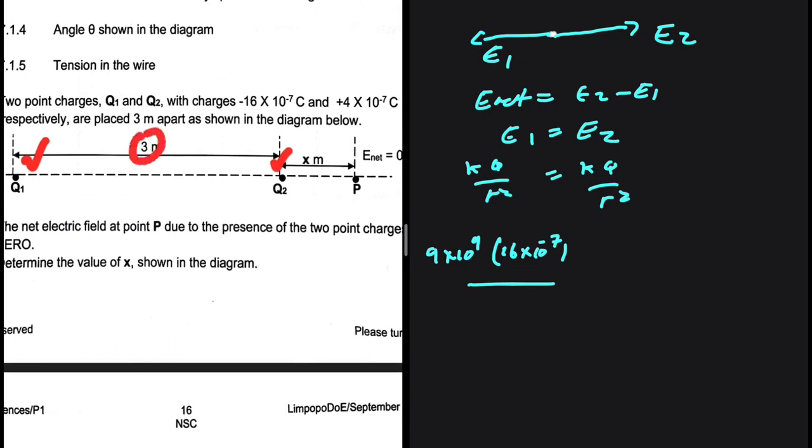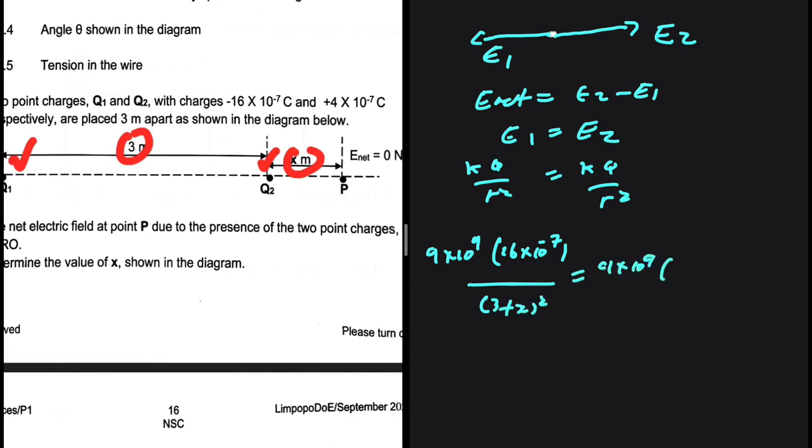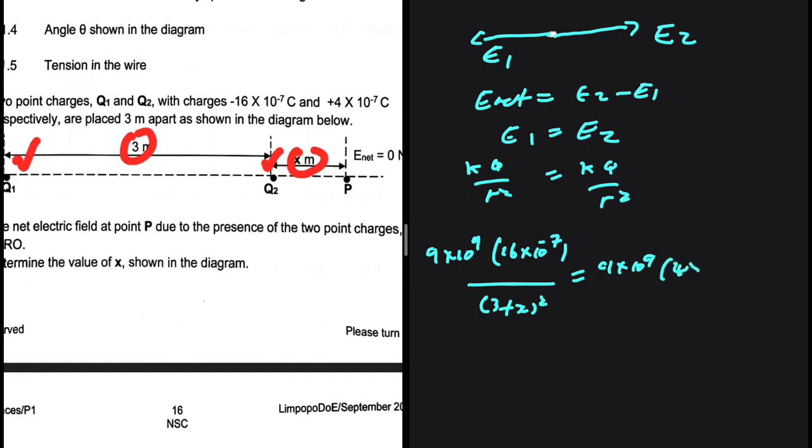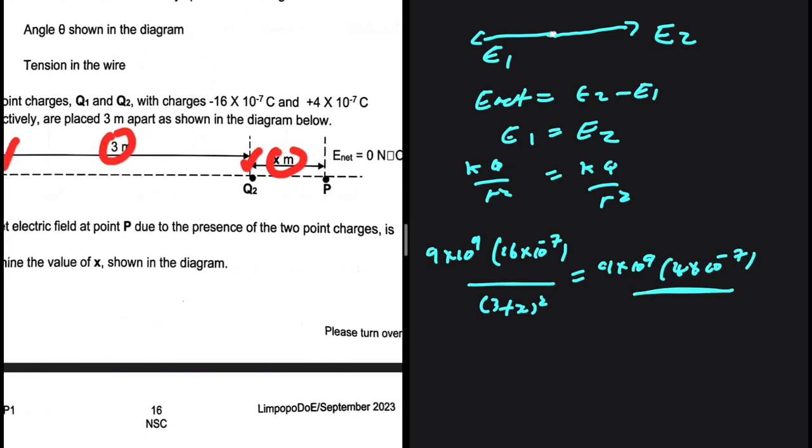It is 3 plus X meters from P. Don't make a mistake and say that it is 3 meters away. So here we're going to have 3 plus X squared being equal to 9 times 10 to the power 9 multiplied by the charge of Q2. That is 4 times 10 to the minus 7 divided by the distance between Q2 and P. It is X meters, so we're going to have X squared.